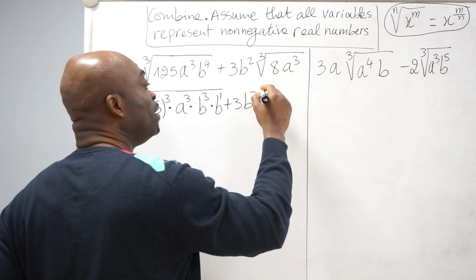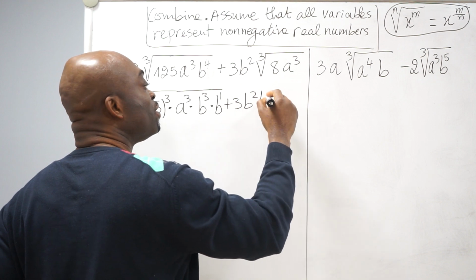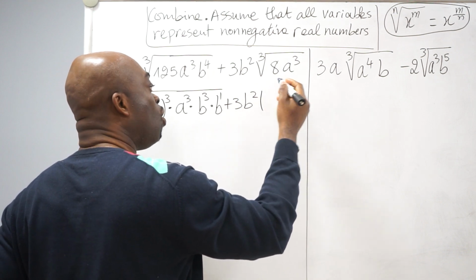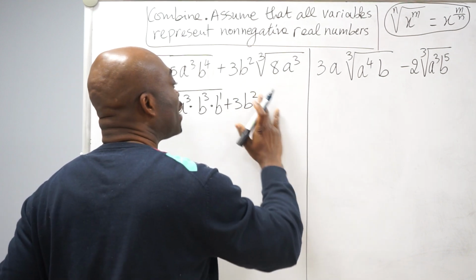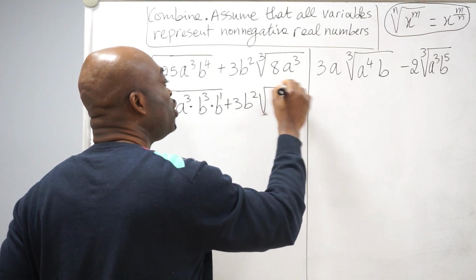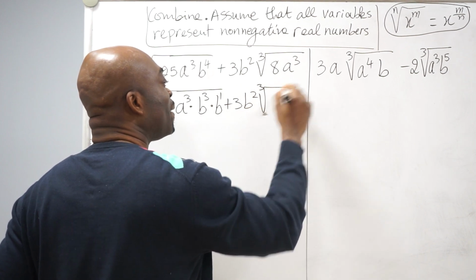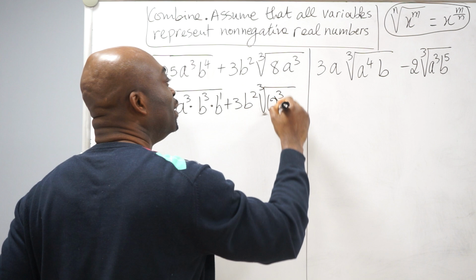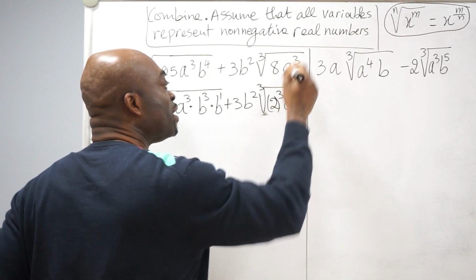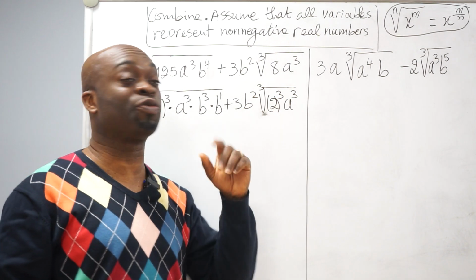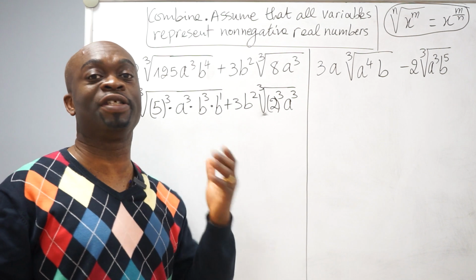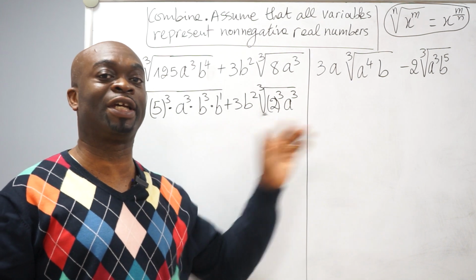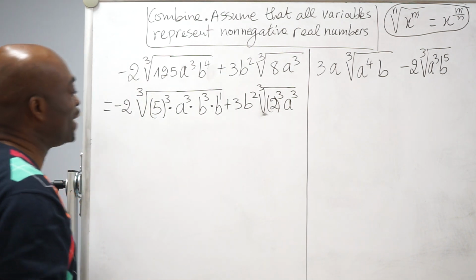That will go outside as a 2, or we can keep it like that for now, as we did before. So we have our cube root here, and then 2 to the third power, and then a to the third power, because 3 can go into 3 one time, so a to the third power is a perfect cube. For now we keep it in there and see how we can simplify them.